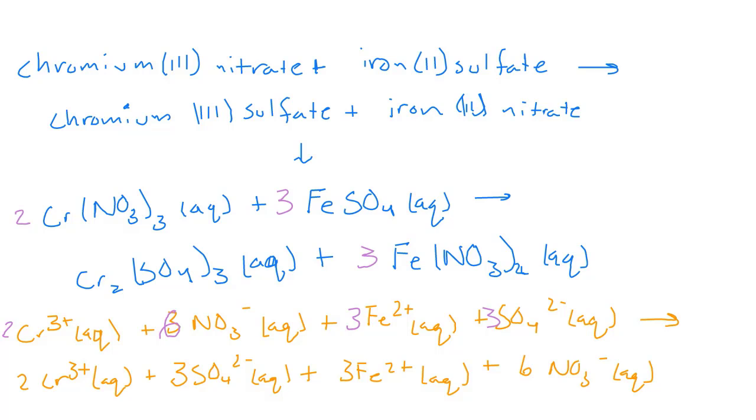It's kind of a handful for sure. We have our complete ionic. What will be our net ionic? Yeah, exactly, Miriam. There is no net ionic. Everything appears on the reactant side as well as the product side, so everything will cancel out. We do not have a reaction going on here. These are all spectator ions.